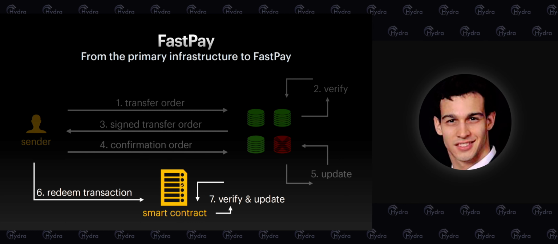The smart contract would verify the redeem transaction, and that's where the redeem log comes into account. So to prevent the sender from double spending the transaction, the smart contract needs to have a growing state in the number of clients, on the number of accounts that it has, where it stores the last transaction index for every client.